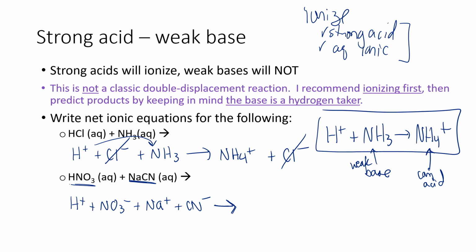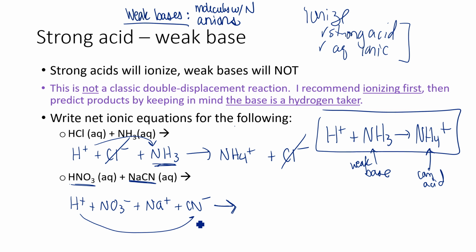We know the two main categories of weak bases: molecules containing an electronegative element such as nitrogen, NH3 is an example of that, or anions. Anions could also be good weak bases because they're negative. They tend to attract that hydrogen.